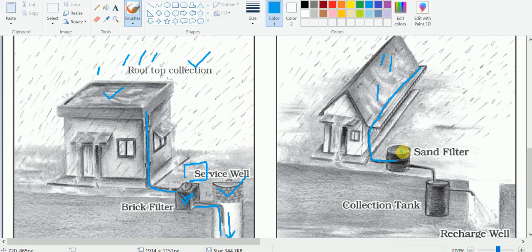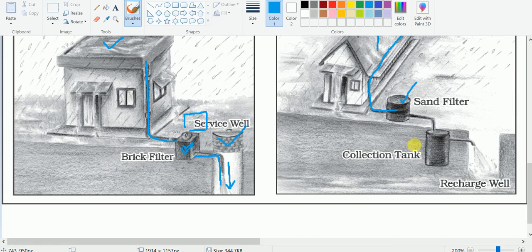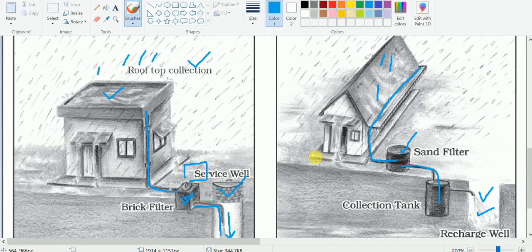Then here we have a sand filter, and here again we may keep a collection tank underground or on the surface, and after that the excess water can be recharged in a recharge well. So this well is dug mainly for recharging the groundwater. So these are the different methods of rainwater harvesting practiced in India.